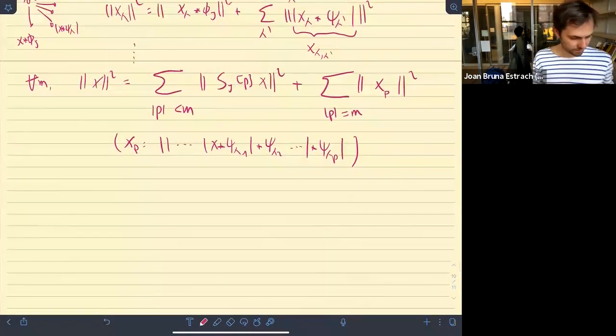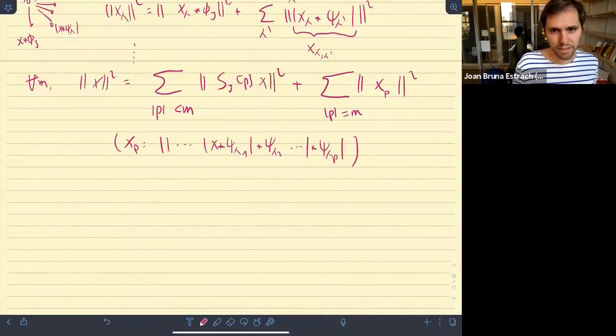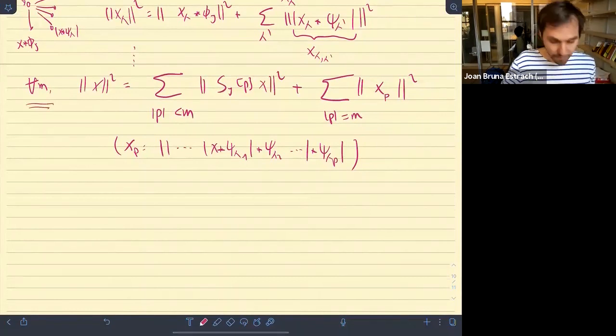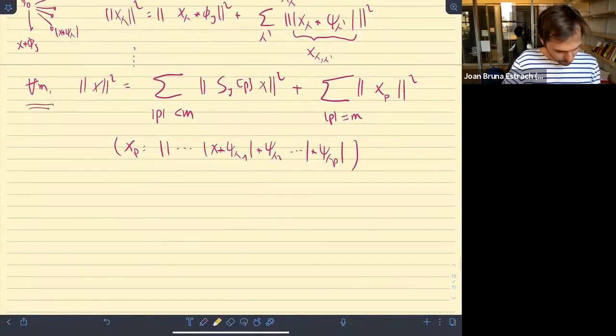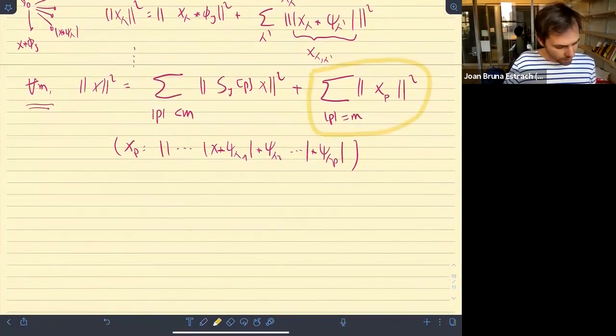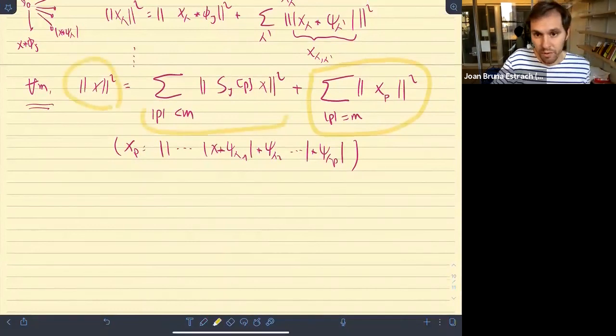You can see where this is going. The question is whether there is some choice of the wavelets for which, as m increases, this residual goes to 0. If it goes to 0, it means that eventually all the energy of the signal is captured in the scattering coefficients.